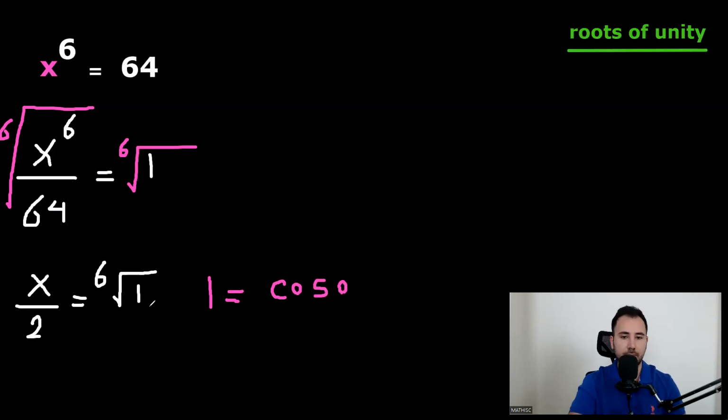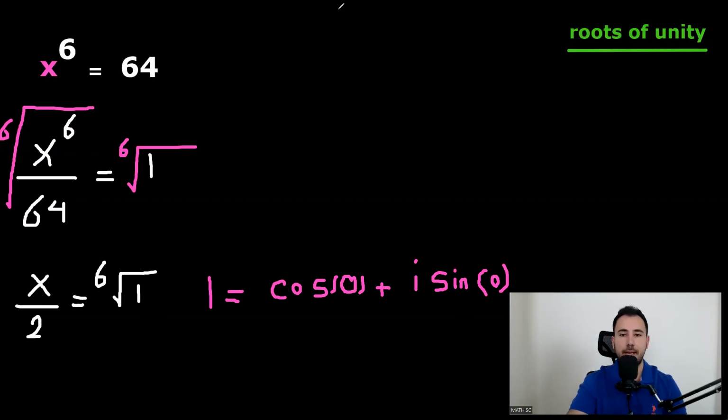So let me make it larger. Cosine of 0 will be 1 plus, okay, sine of 0 is also 0. So nobody cares if I add an i over here, because i multiplied by 0 will be 0, okay? So that's how we start things.